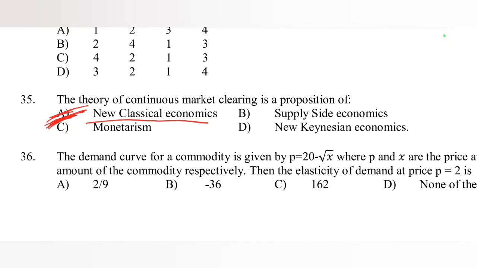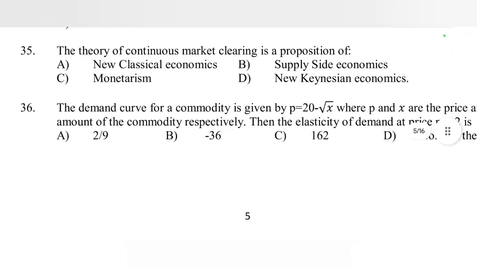It suggests that markets, including labor and goods markets, always clear, meaning supply equals demand, due to the assumption of rational expectations and flexible prices. This contrasts with other economic schools that may allow for temporary disequilibrium or price stickiness. So option A is right here.